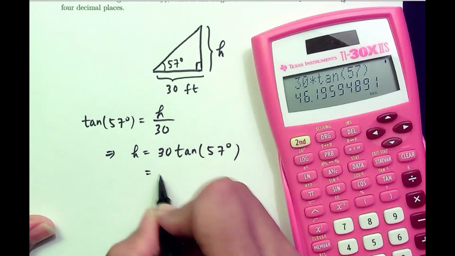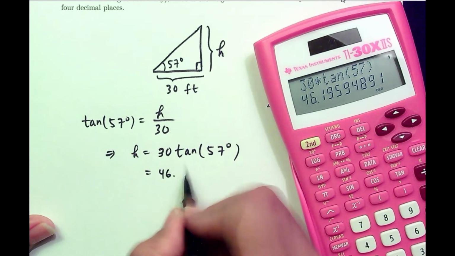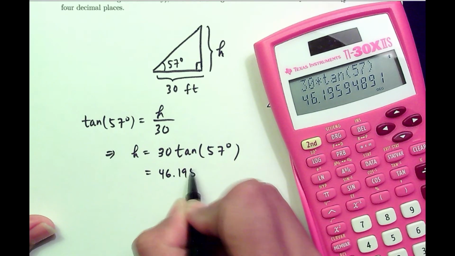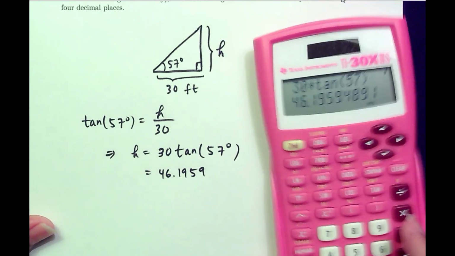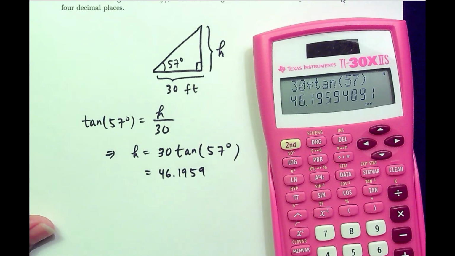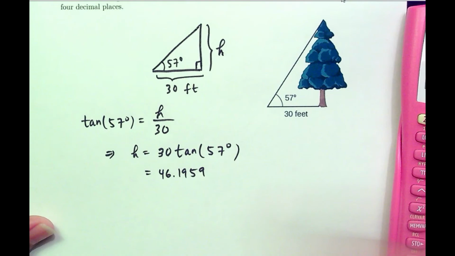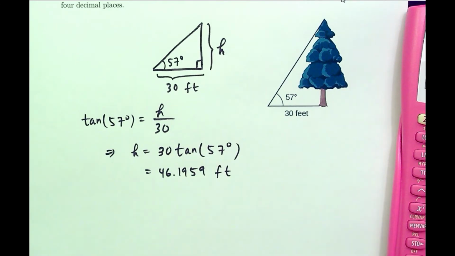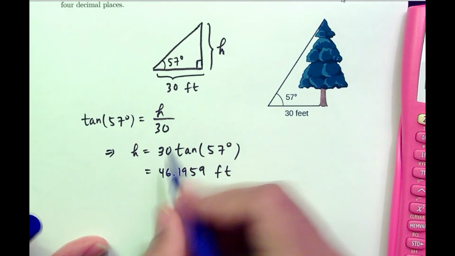This is 46.1959 to 4 decimal places. That's what we get, and this is in feet. So that is the height of the tree. The tree is a little over 46 feet tall.